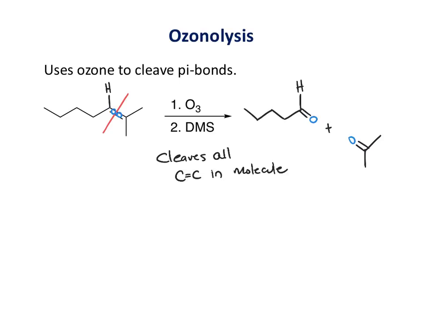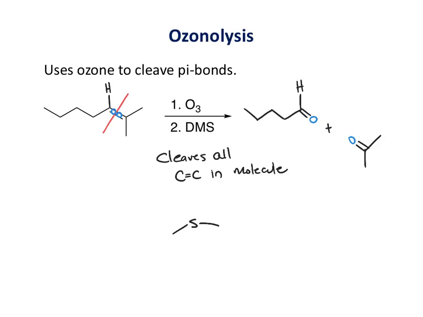DMS is dimethyl sulfide. It is a reducing agent. It basically reacts with the intermediate that's formed.